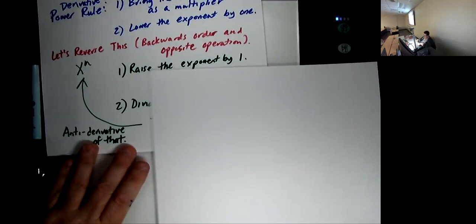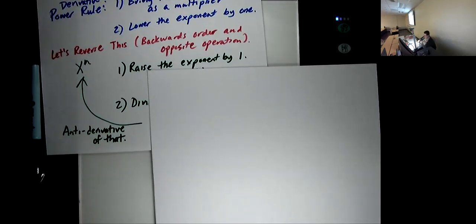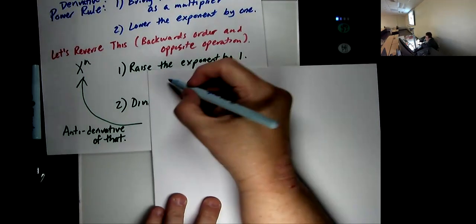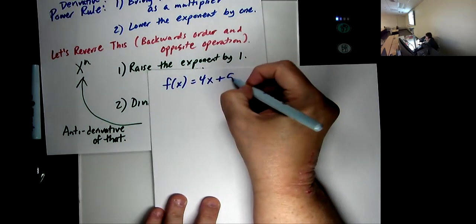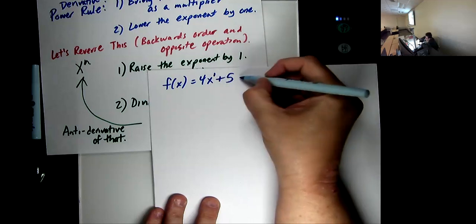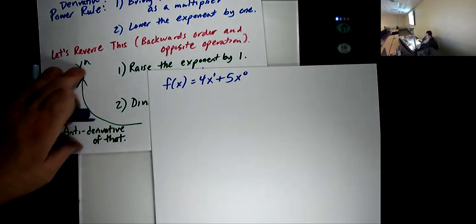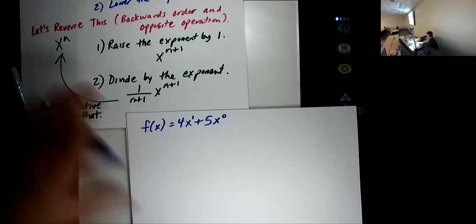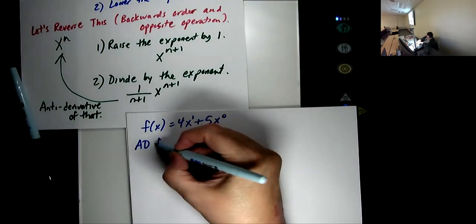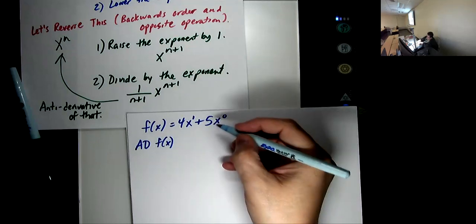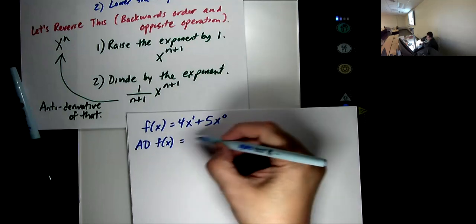Let's look at that. We had f of x equals 4x plus 5. And that's kind of like 4x to the first plus 5x to the 0. So we're going to take the antiderivative of f of x. So x is going to go up to 2.